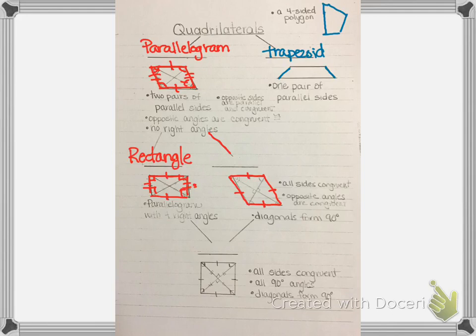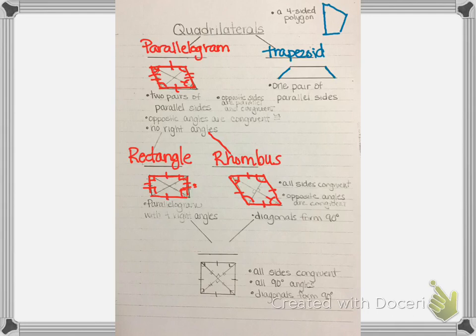When this happens, you form a rhombus. Now, a rhombus not only has all sides congruent, but it has opposite angles congruent. All angles are not congruent, but all sides are congruent.